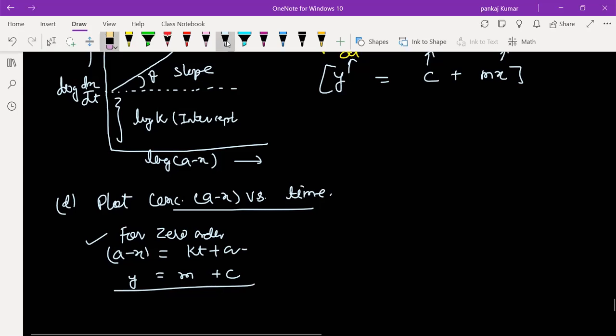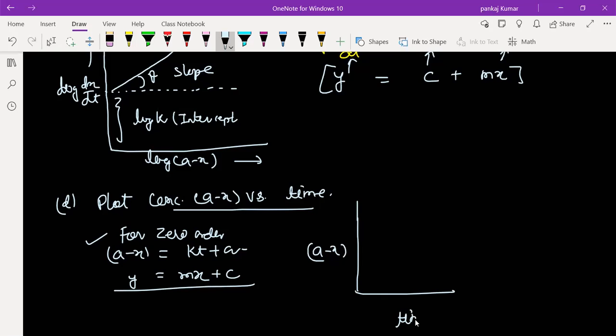This will be mx plus c. So we can compare, and here we can plot the graph. This will be a minus x, and this will be your time. So the graph will go down.